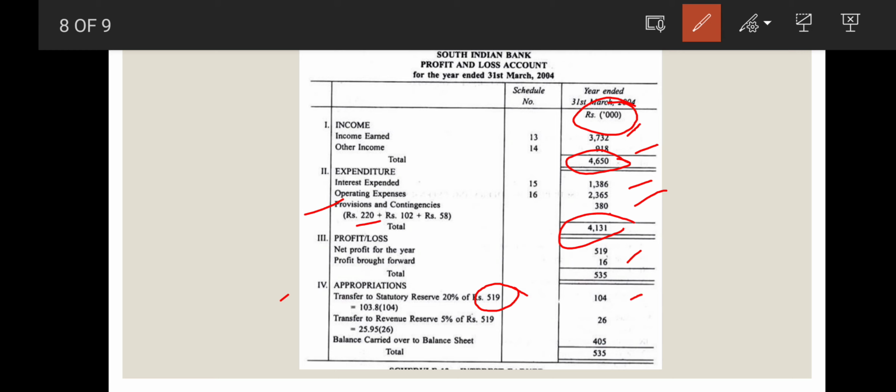And transfer to revenue reserve 5 percent of 519 is 26. So 104 plus 26 is 130, and 535 minus 130, we find the value of 405 rupees. The 405 rupees is transferred to the balance sheet.